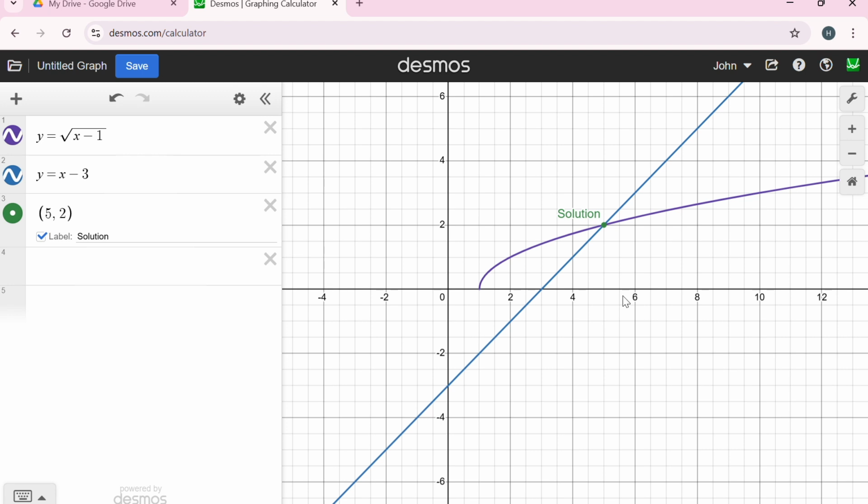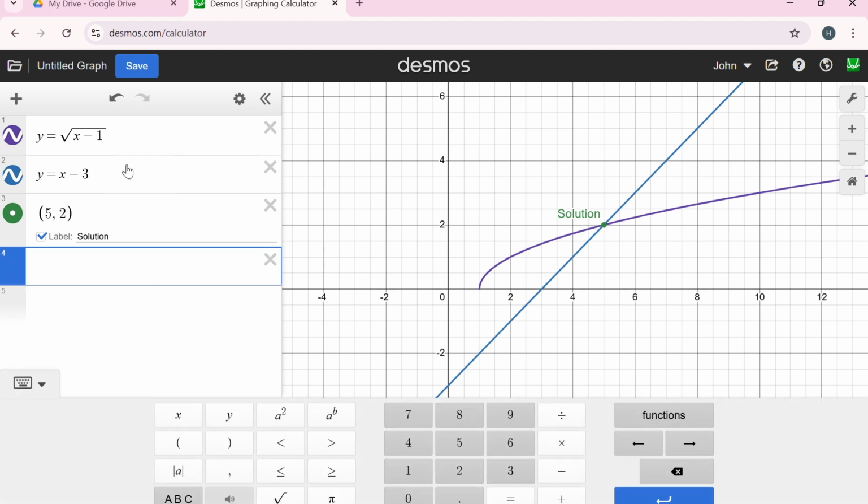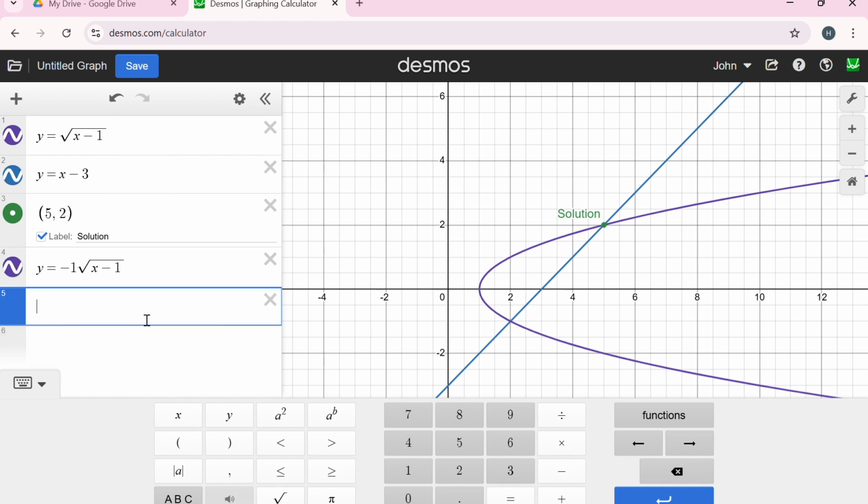And so we have to consider the negative version. So it's like we take this and then we reflect it across the x-axis. So I do a -1 here. Look what happens when I do a -1. And remember I showed algebraically that the extraneous solution x equals 2 works if you consider the negative version of this radical. So is that true?